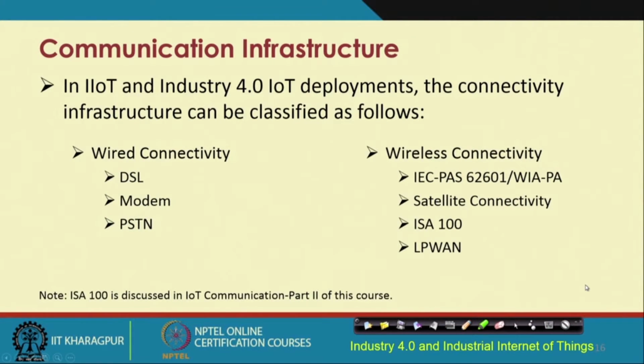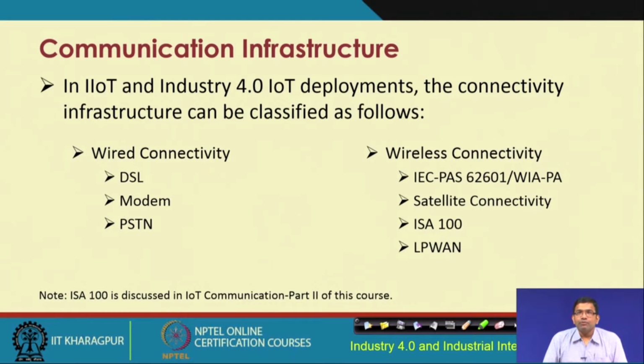Now, these are some of the popular industrial communication protocols that are used. There are many other protocols that are also there. We have also discussed, if you recall, the ISA 100 protocol that we did at the time of covering the generic IoT communication protocols. At that time the ISA 100 series of protocols was discussed.